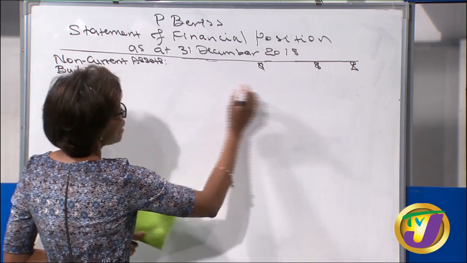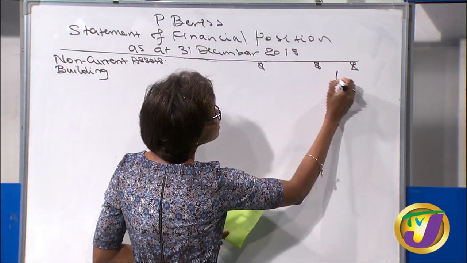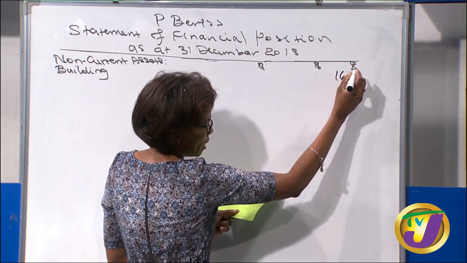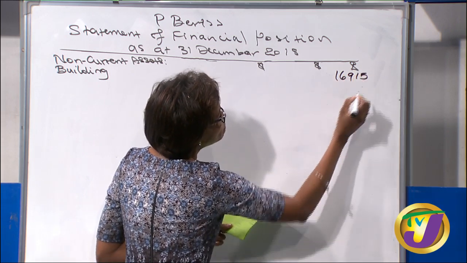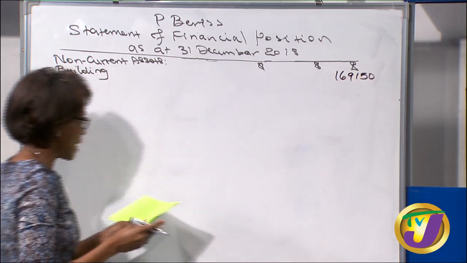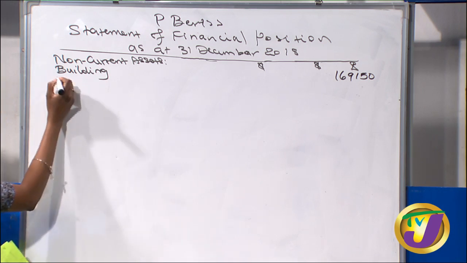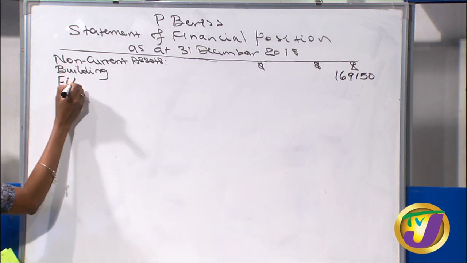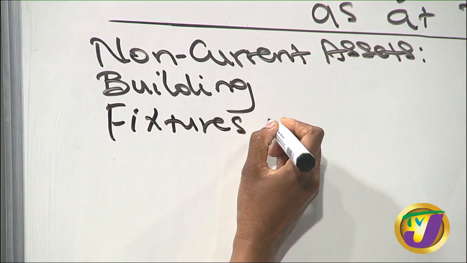And the value of our building, and we put it to the last column. So the value of our building is 169,150. The next asset is our fixtures and fittings.